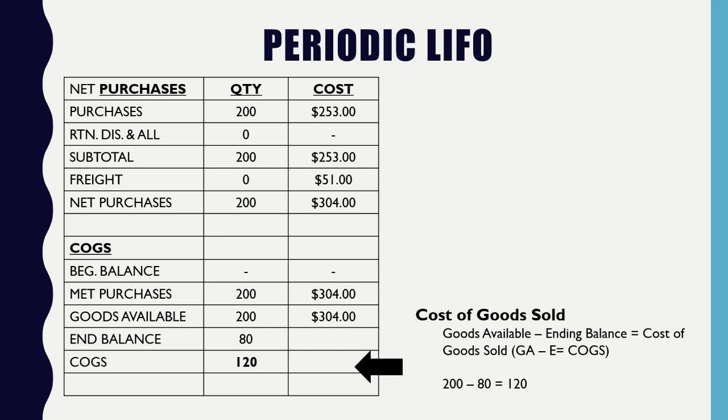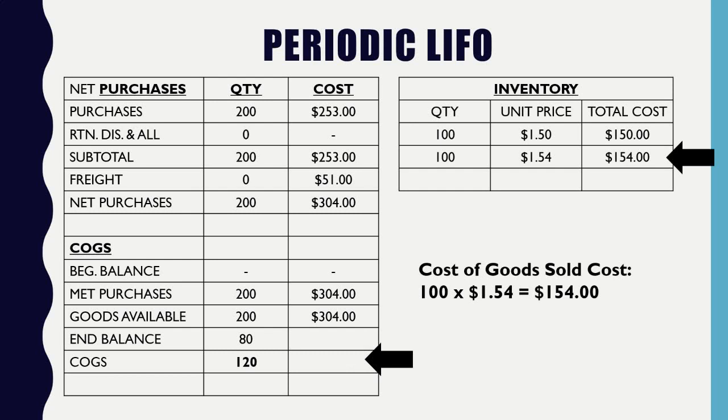So let's take a look at what we have available here. We have 2 batches of inventory, one on June 1st and one on June 11th, exactly how it looks in our table. Because we're using LIFO, meaning the last ones in are the first to go, we're going to start from the bottom, because that was the last batch of inventory that we purchased, on June 11th.